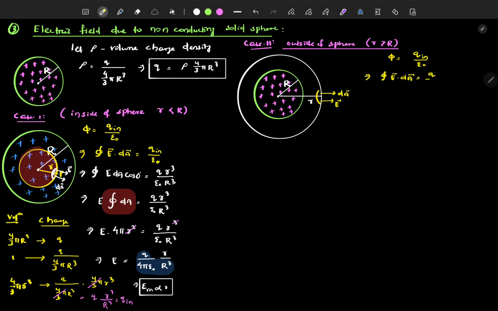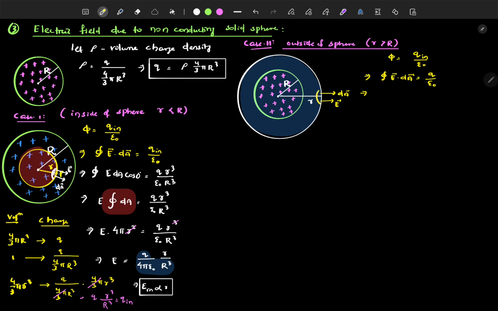Q enclosed is Q divided by epsilon naught, because within the Gaussian sphere, the whole charge Q is present. The Q charge is available on the solid non-conducting sphere, because the whole sphere is placed within the Gaussian sphere.